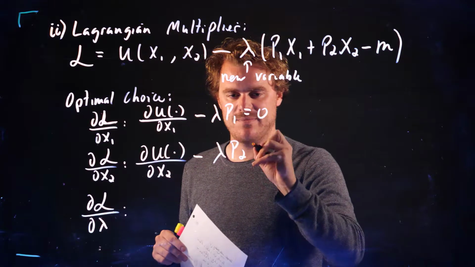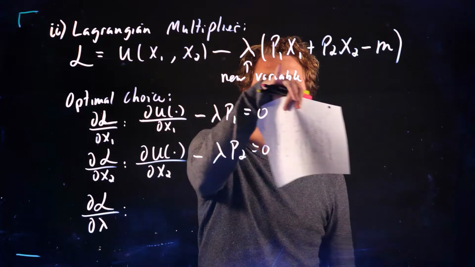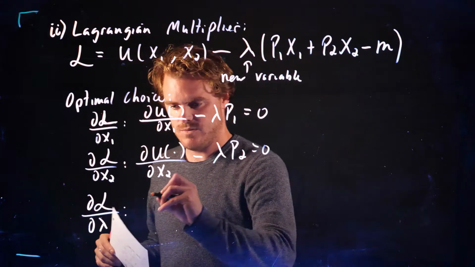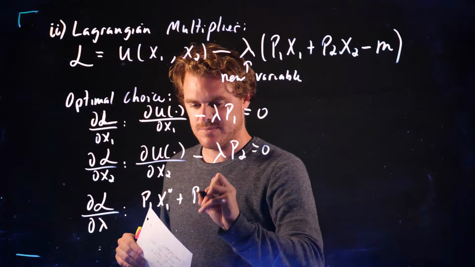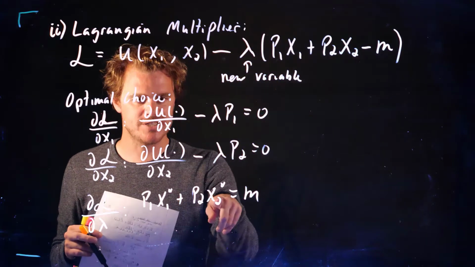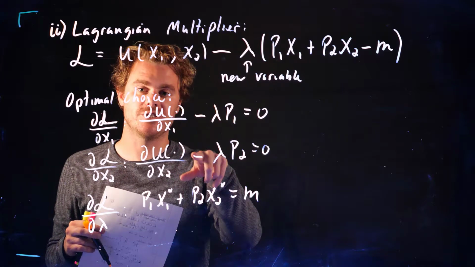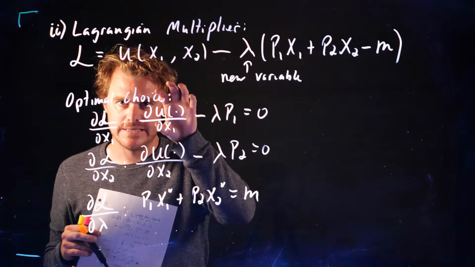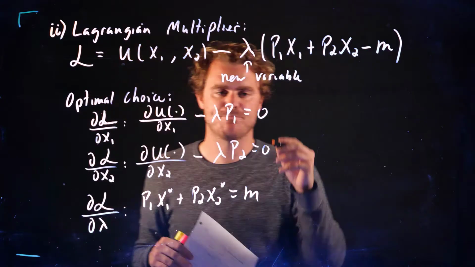We're doing the same thing for x2. And if we take the derivative with respect to lambda, we just get this budget constraint, right? We just get p1 x1 star plus p2 x2 star equals m. I'm putting stars there because these are the three equations that are satisfied when we have this optimal choice.